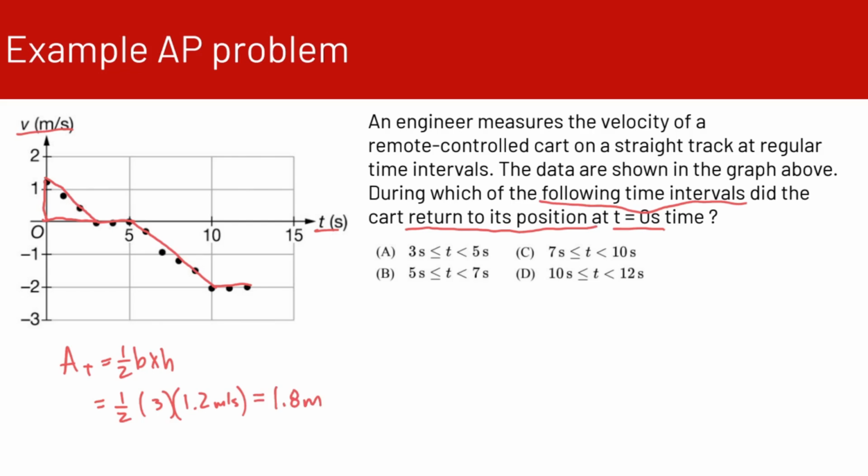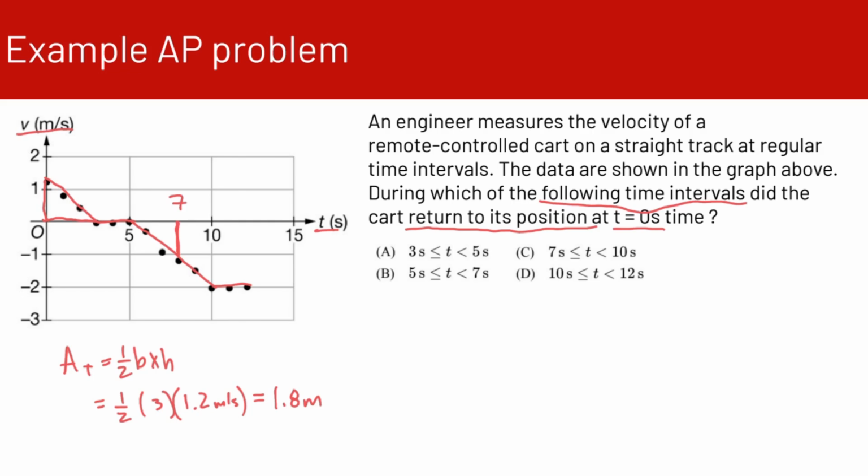All right, now we need to figure out where in this interval we've got a similar amount of displacement. So we start at 5, and we just need to find an area of the triangle that's similar. So we're probably talking somewhere around here, somewhere after 7 seconds, that the remote control car is going to return to its original position.